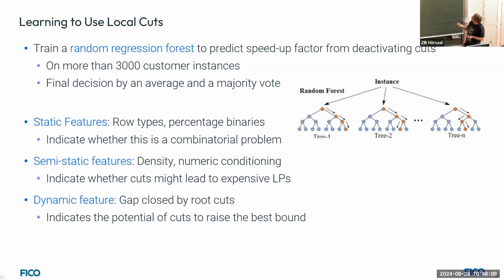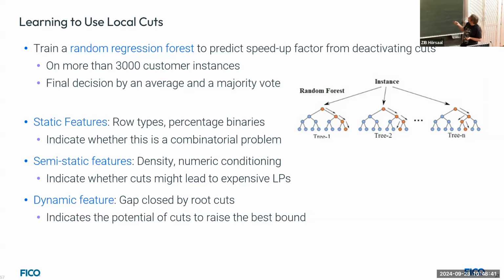There are different static, semi-static and dynamic features that we use that fall into the categories that Andrea has presented earlier. So some static analysis of the problem: row types, do you have many knapsack constraints, for example? How many binaries do you have, so what percentage of the variables is binary? The density of the problem and the numeric conditioning as we saw it before. Here the idea would be that these could be features that tell you whether it's a combinatorial type of problem or not.